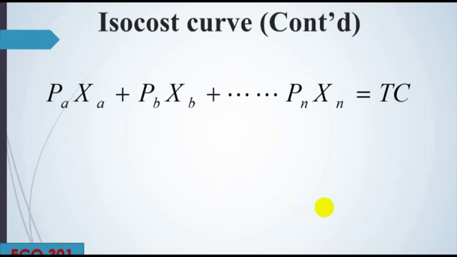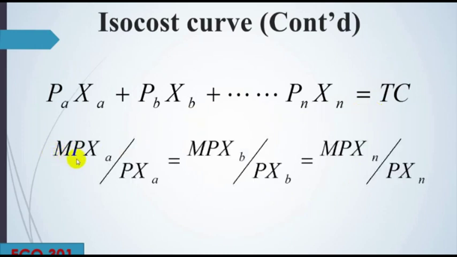PA XA + PB XB + ... + PN XN = TC. 2. MPXA/PXA = MPXB/PXB = MPXN/PXN.